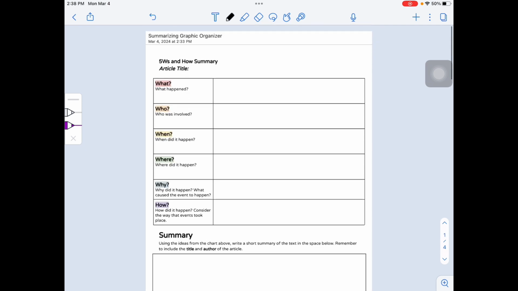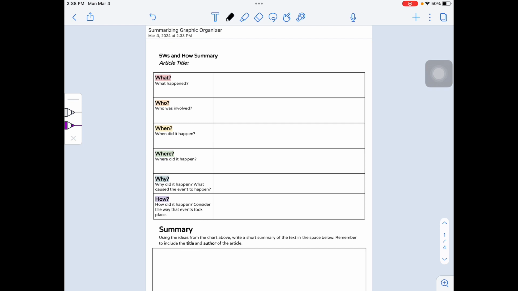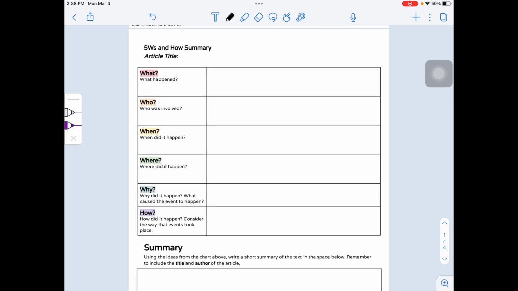I also don't need to fill out my organizer in the order that it goes. I can bounce around on this top part and fill in the information I know. So I'm going to actually start with who, because it mentions the who first. Molly Sampson. I had highlighted that below.